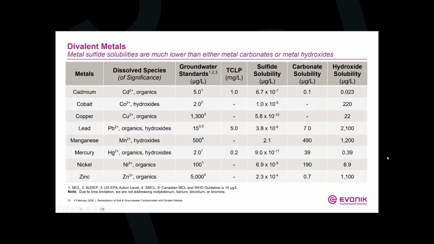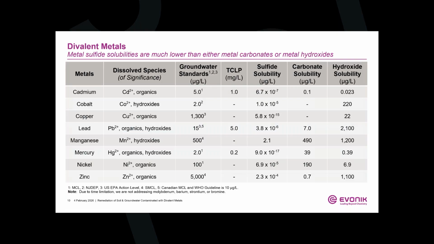A little bit more detailed look at the same kind of thing without the equations. Here's a list of the common divalent heavy metals that we are often required to treat. What are the major dissolved species? Typically the divalent cation, as well as some organically bound versions of these metals. There are too many of them to actually list out, so let's just call them organometallic compounds.